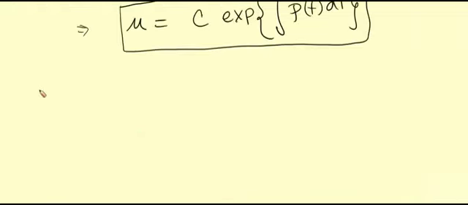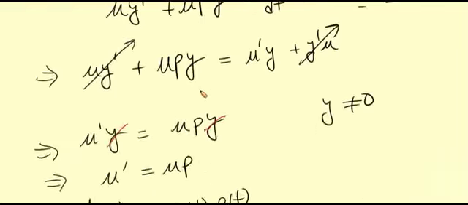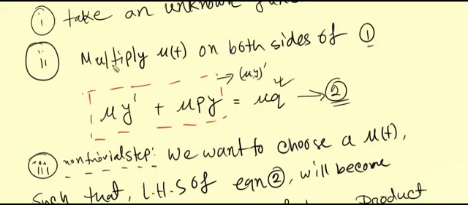We are done finding mu and this is time for step 4. Since the left hand side of equation 1 was equal to mu y prime plus mu py, we can write the whole thing as mu y prime plus mu py equals mu q. Again, I'm reminding you that this is coming from this line over here. But we wanted this mu y prime plus mu py to be equal to mu y whole prime.